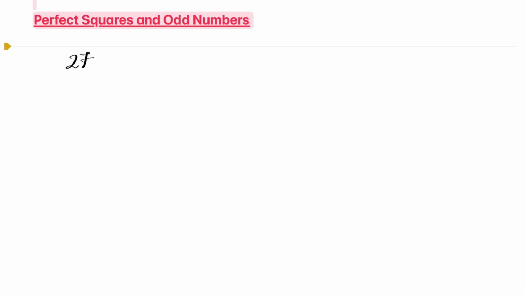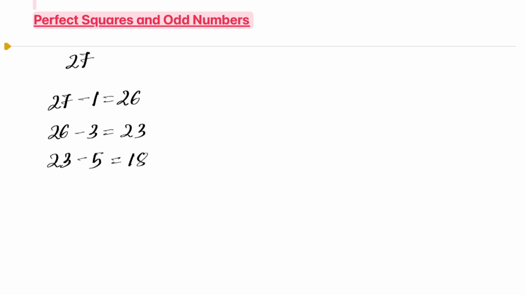Let us check if this rule is applicable with 27 or not. 27 minus 1 is 26. 26 minus the next odd number, which is 3, is 23. 23 minus 5 is 18. 18 minus 7 is 11 and 11 minus 9 is 2.